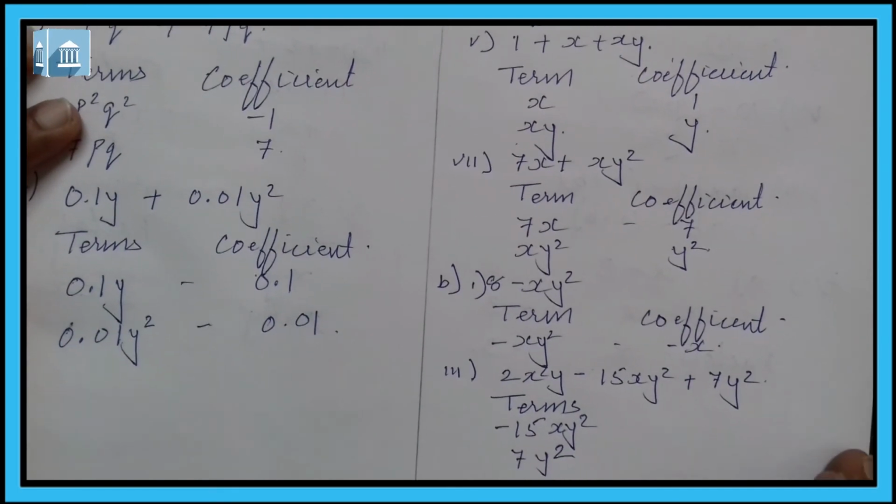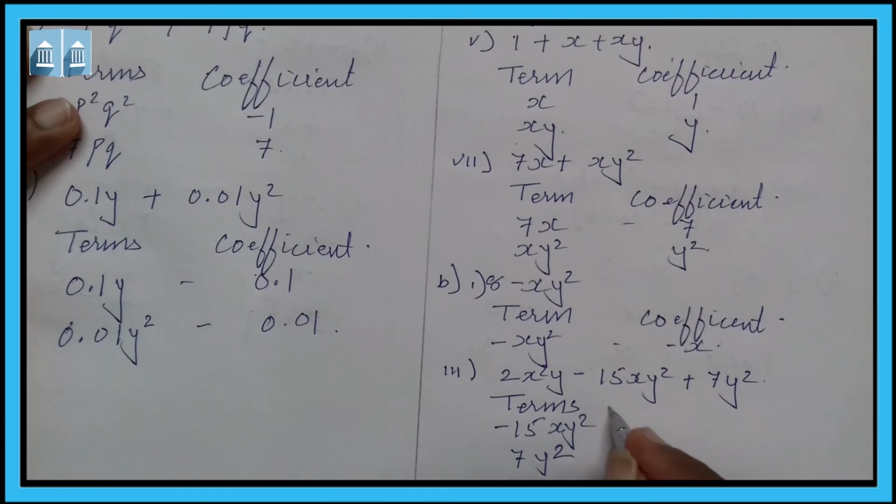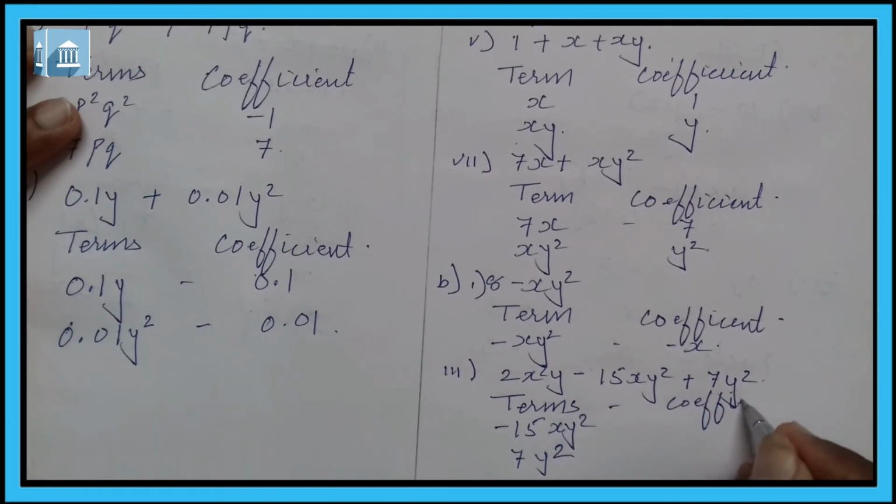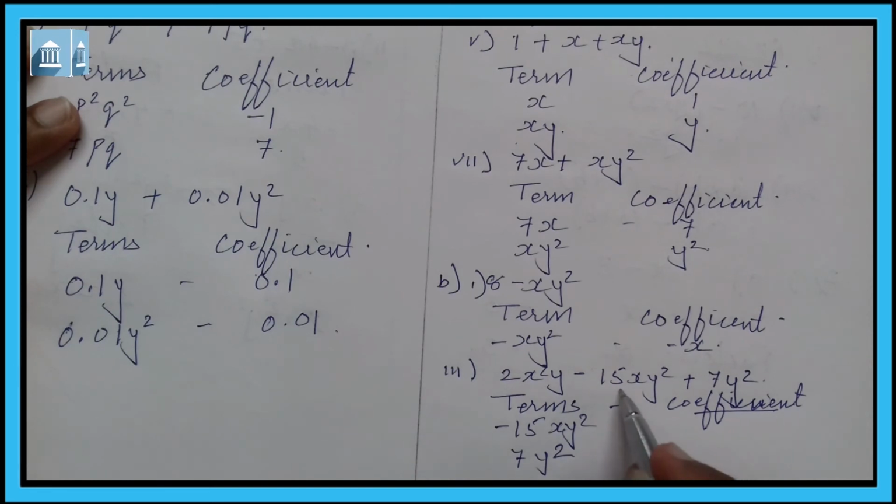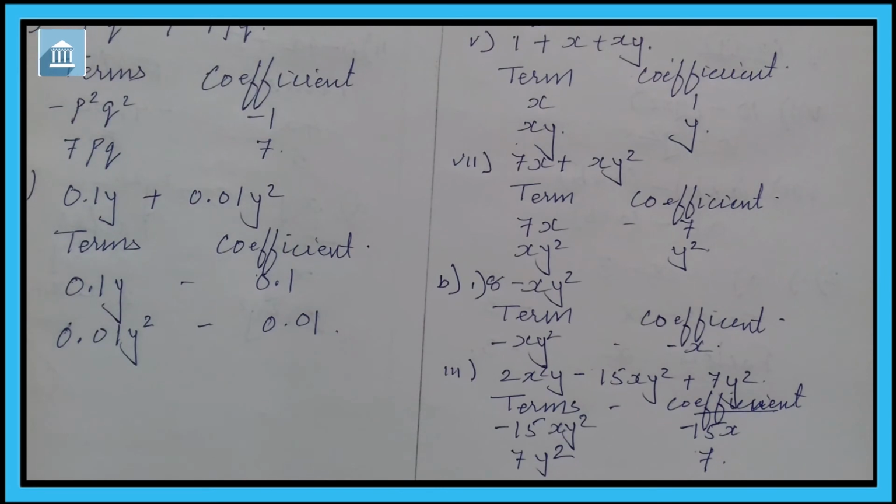These are the two terms. Their coefficients: the coefficient of y square is minus 15x and the other one is plus 7, that is 7. So these are the coefficients of y square and the terms which have y square.